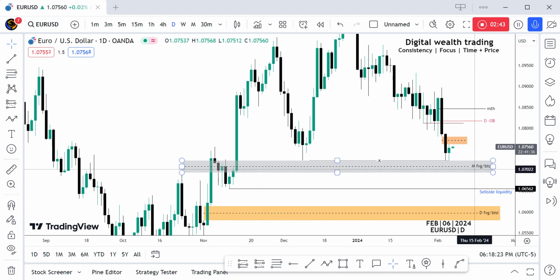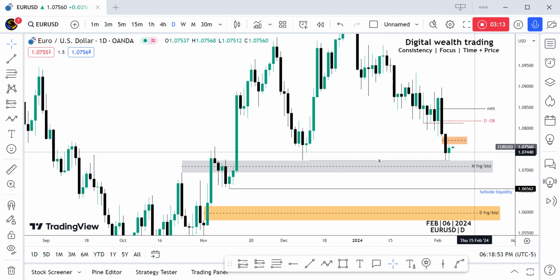There is a monthly fair value gap here, which might result in a short-term higher delivery in price, like a short-term reversal, because I am not seeing any higher bullishness on this pair. So we might just indicate that as a short-term reversal, then a further continuation in price.